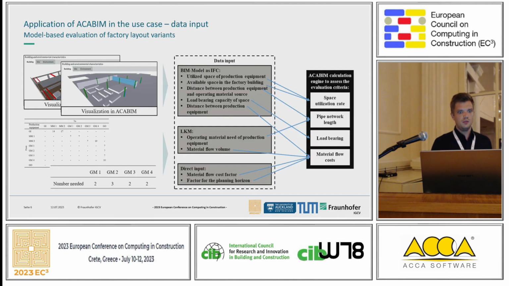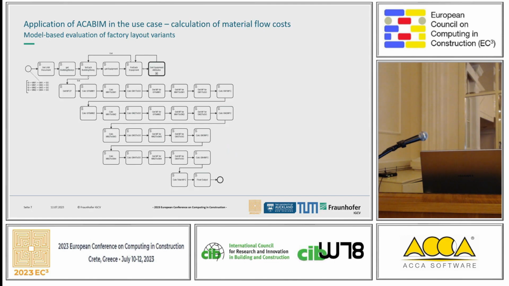So what we've done is we've given all this information, all these different models of our factory layout variants, all these lists like transport matrices and all this stuff, into our ecosystem. And then we performed some processes, which you can see here, to automate the calculation of these different factory objectives or evaluation criteria.